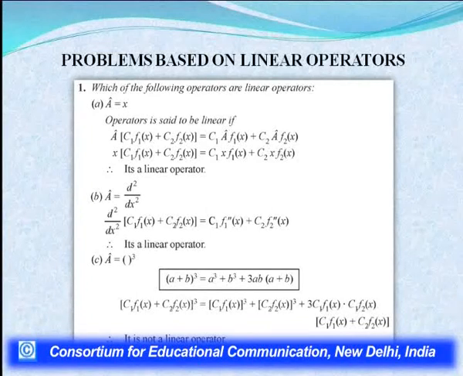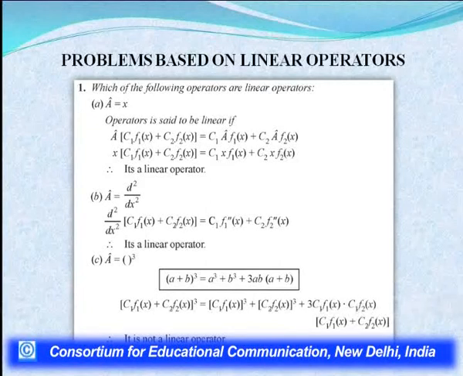So what is my function? I have again taken an arbitrary function, c1 f1(x) + c2 f2(x), and I have to take the cube of it. So my cube is not simply the cube of c1 f1(x) plus the cube of c2 f2(x). It is something different. Why? Because we have to apply a formula.